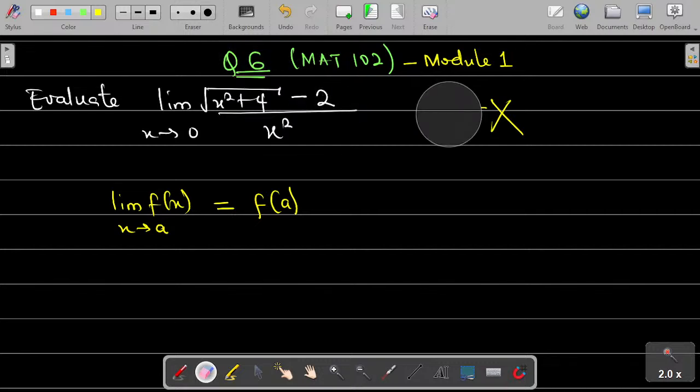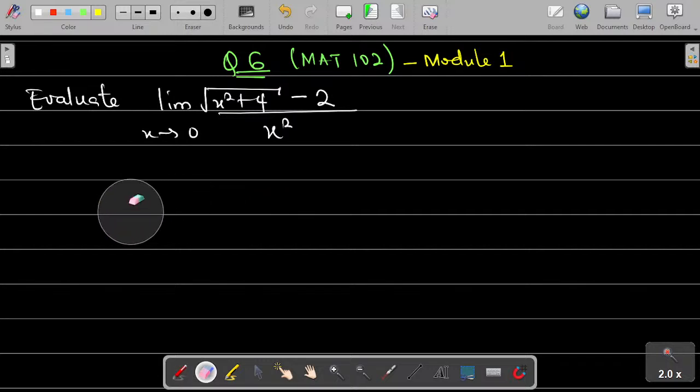Once that situation is seen, you try to simplify the fraction or function first before still doing that substitution, because it will still end with substitution of x as this value.